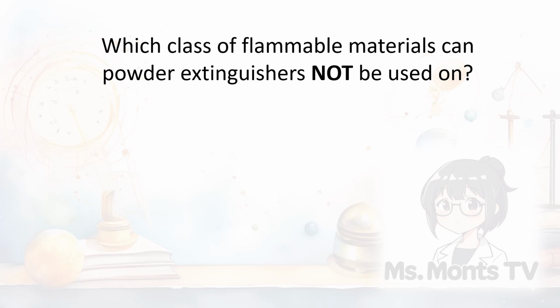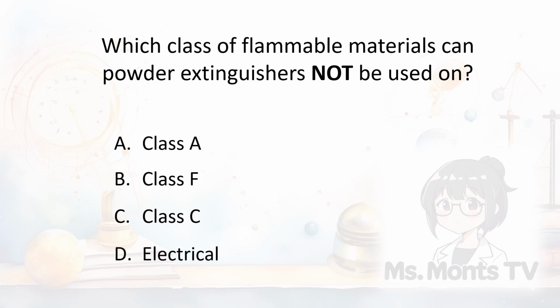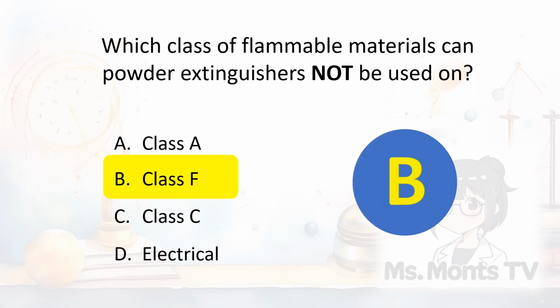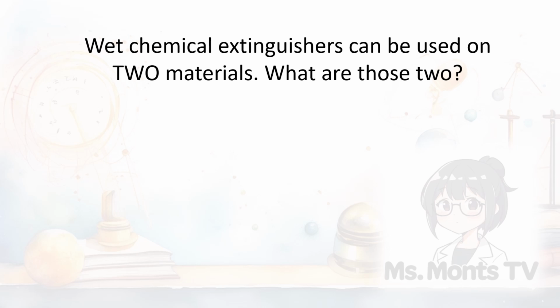Which class of flammable materials can powder extinguishers not be used on? A, Class A. B, Class F. C, Class C. D, electrical. Letter B, Class F. Wet chemical extinguishers can be used on two materials.